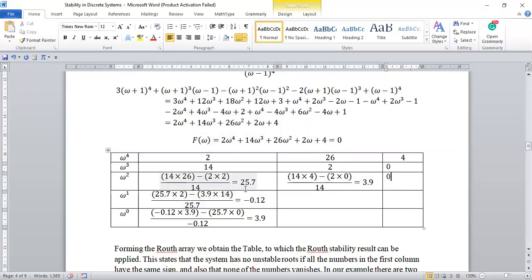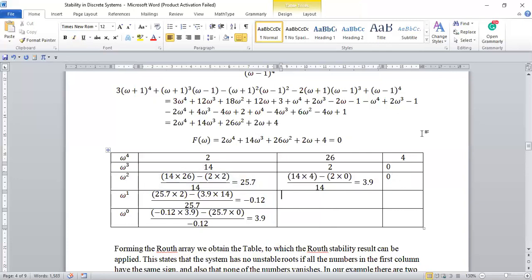For the next row, what we do is that we multiply this 25.7 times 2, then you subtract the product of 3.9 and 14, then you divide by 25.7, we arrive at this. In order to get this value, you multiply 25.7 times 0, which is 0, then you subtract 0 times 14, which is 0.